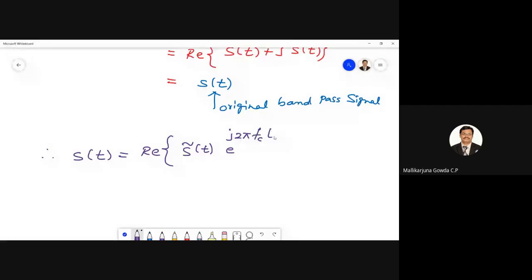Okay. So I said this is my what? Band pass signal, right? This is my band pass signal.